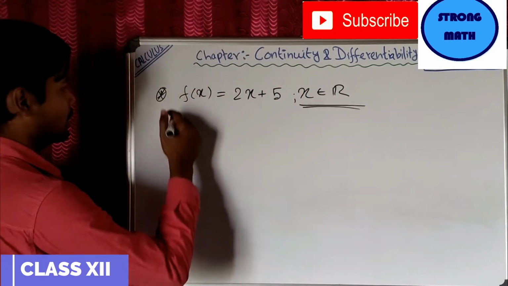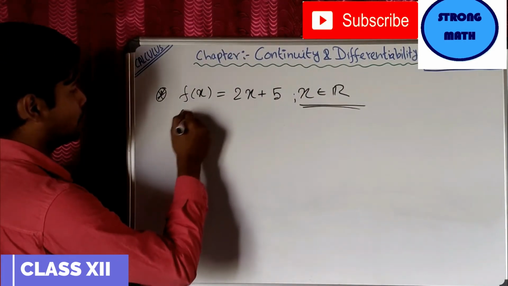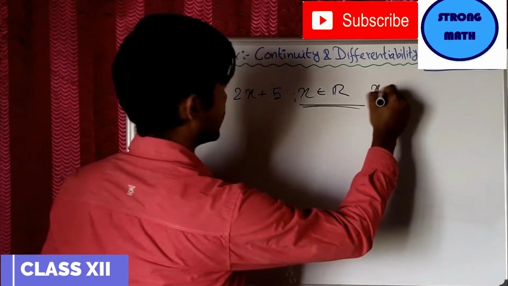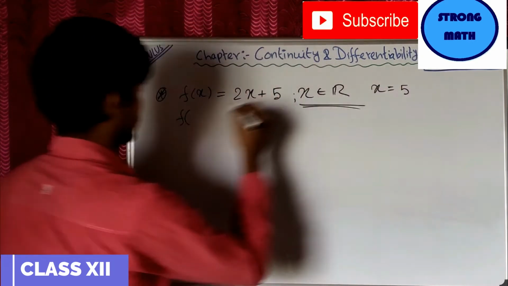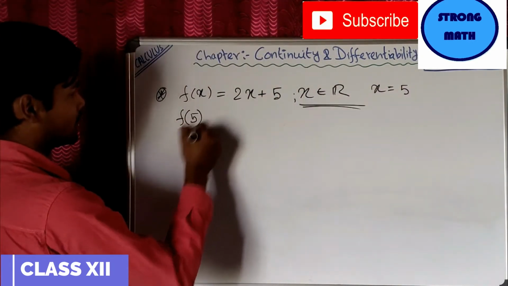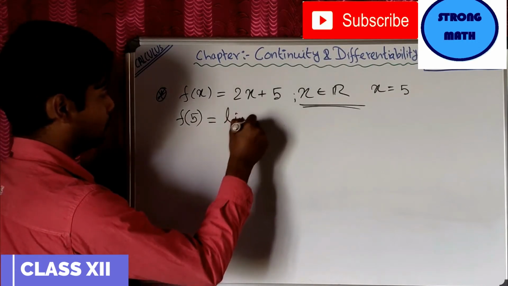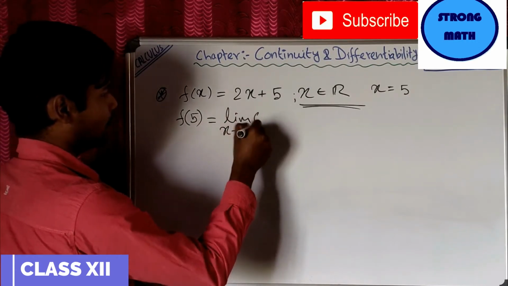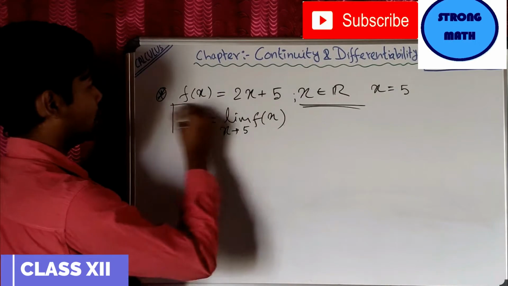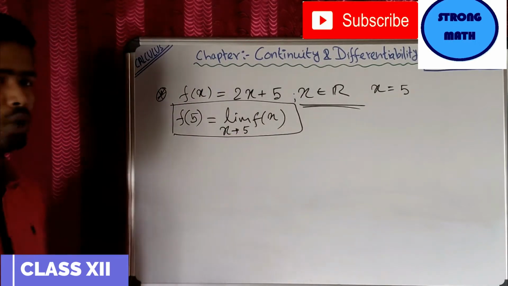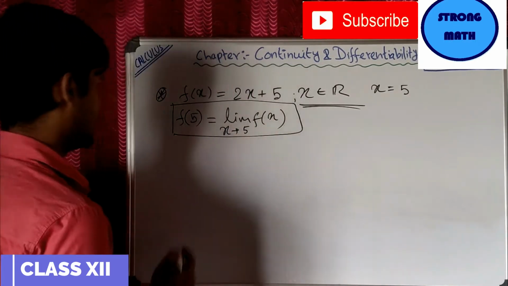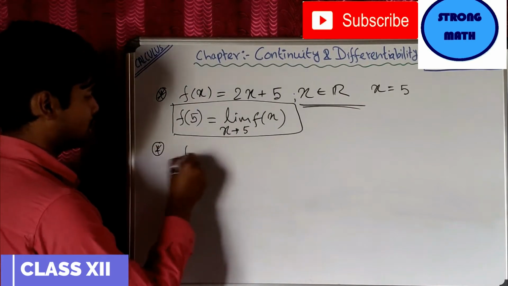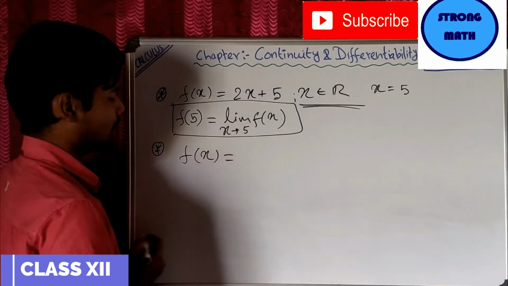You have to check whether the functional value, suppose we are choosing x equals 5, whether the functional value f(5) and the limiting value limit x tends to 5 of f(x) are equal or not.